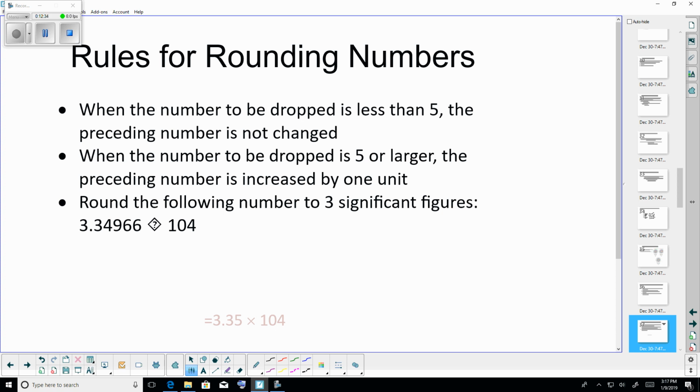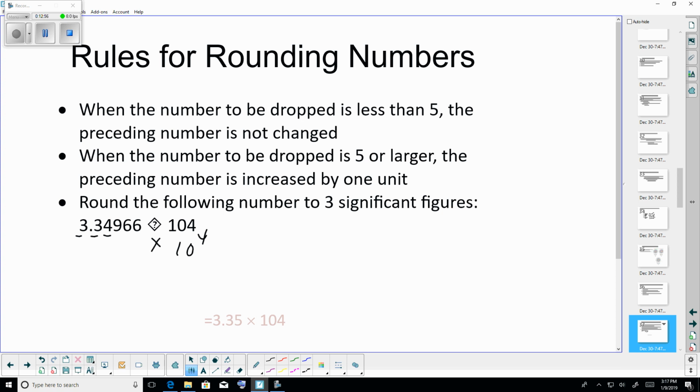All right, so 3.34966 times 10 to the 4th. If you round it to 3 significant figures, you would go, okay, here's the first one, here's the second one, here's the third one. So I'm going to drop everything after this.